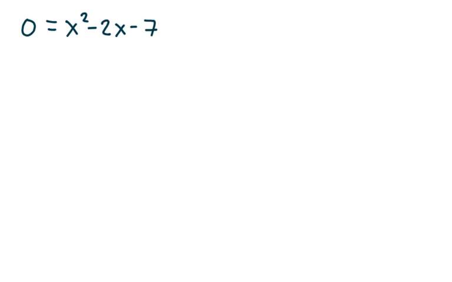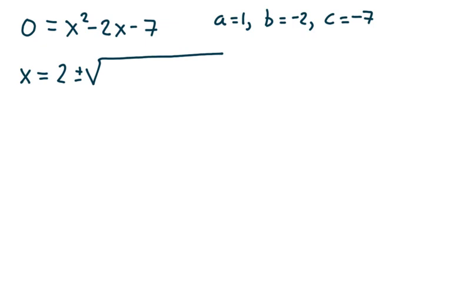Which I cannot factor over the integers. Okay? And so here, a is 1, b is negative 2, and c is negative 7. So applying the quadratic formula, x equals the opposite of b, which is 2, plus or minus the square root of b squared, which is 4, minus 4 times 1 times negative 7.